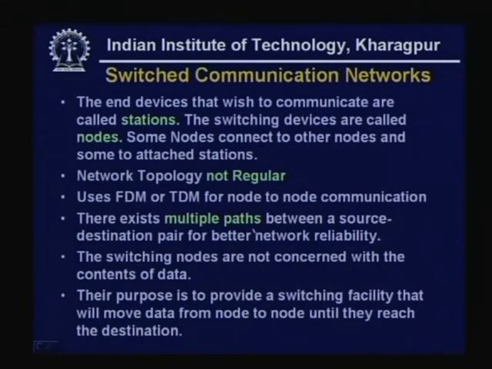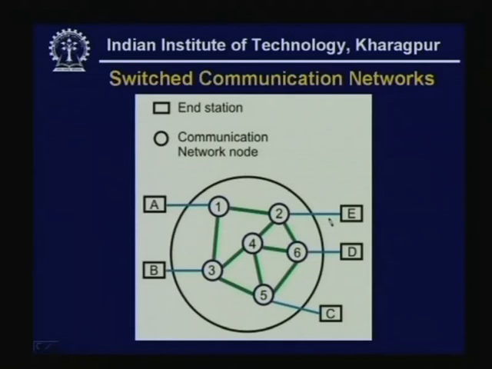There exist multiple paths between a source to destination pair for better network reliability. Here we find it provides a much higher reliability. For example, if A wants to communicate with C, it can communicate through the nodes 1, 3 and 5.